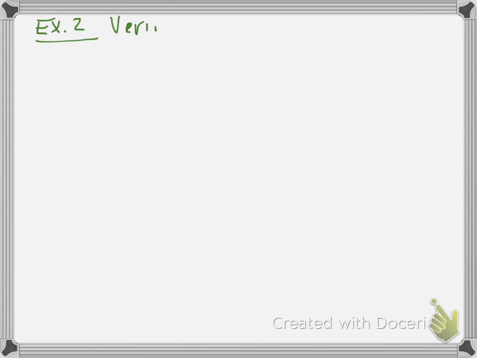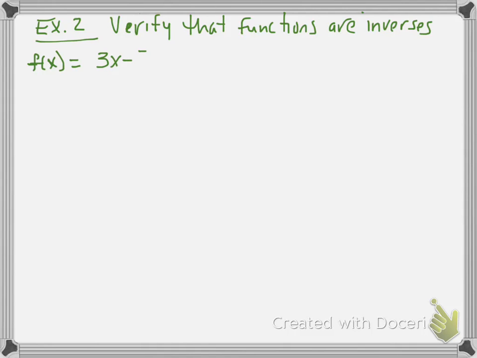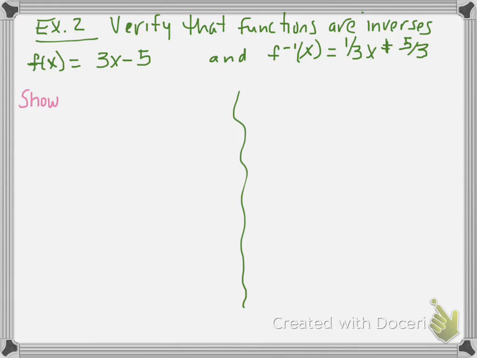Now the next example is verifying that two functions are inverses of each other. Basically, the two functions are given to you, but what you do is substitute one into the other one. Yesterday we went over composition, the very last part that we did, example 3, when one becomes part of the other one. And this is what this is.